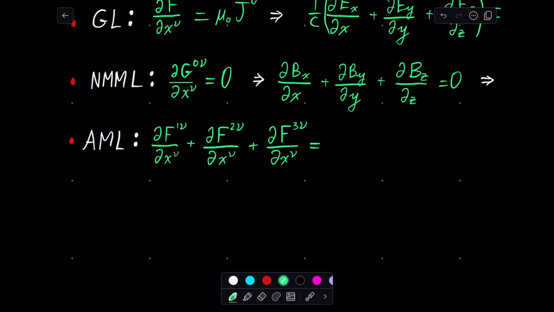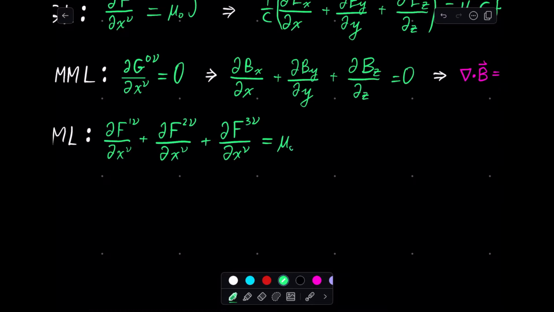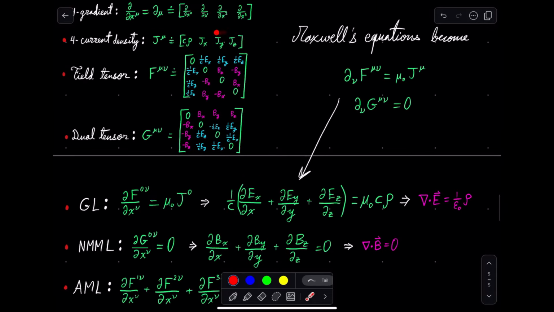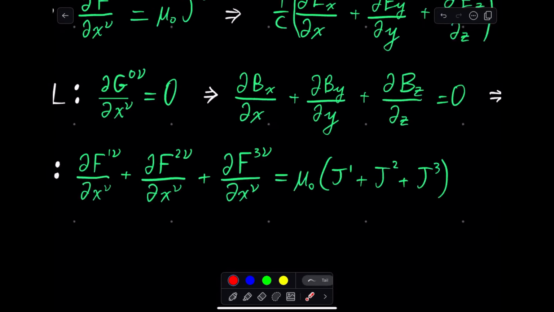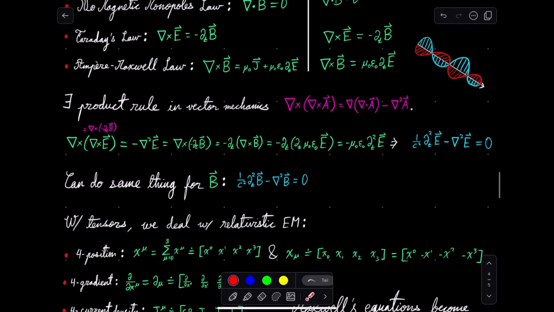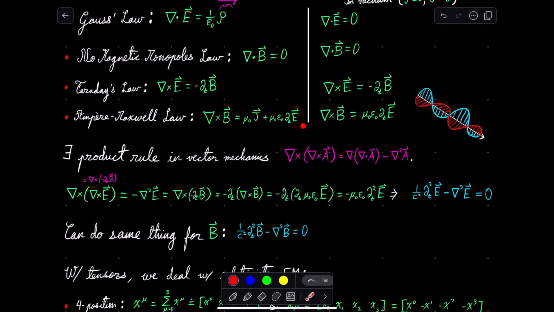This being equal to mu naught times J1 plus J2 plus J3. And now these are just the JX, JY, JZ components that you find up here. And these will give you the Ampère-Maxwell law, which is this one right here. The curl of B is equal to all of this.